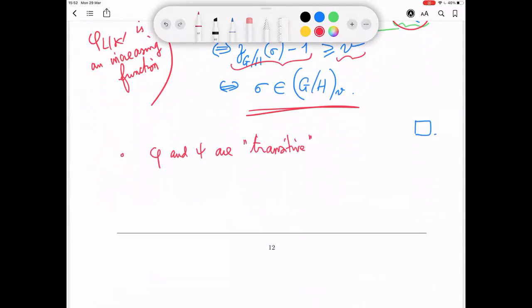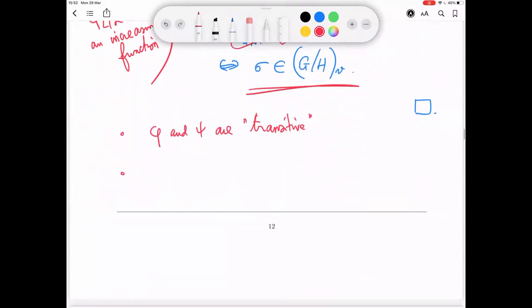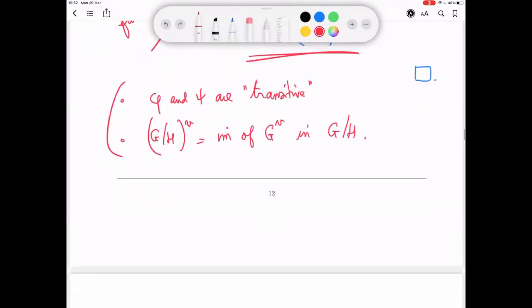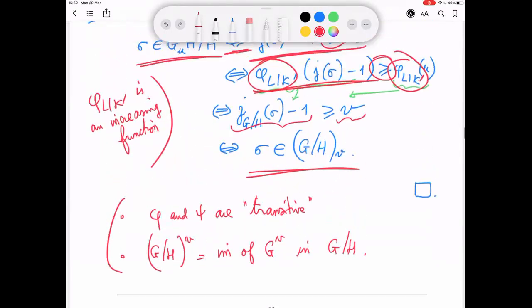That's one statement. The other statement is that (G mod H)_V is the image of G_V modulo H in G mod H, etc.